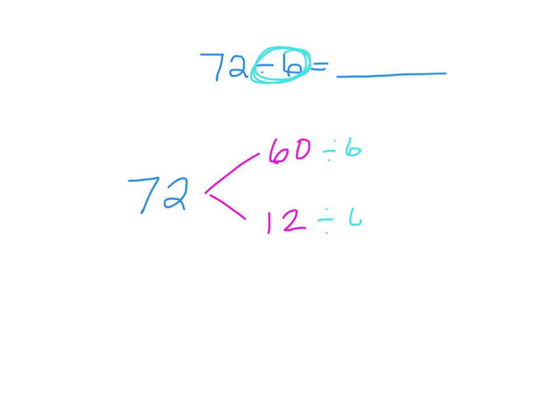I'm going to divide 12 by 6. 60 divided by 6 is 10, because 10 times 6 is 60. 12 divided by 6 is 2, because 2 times 6 is 12. Add those partial quotients together. 10 plus 2 is 12. So this is just another way to write that same information.